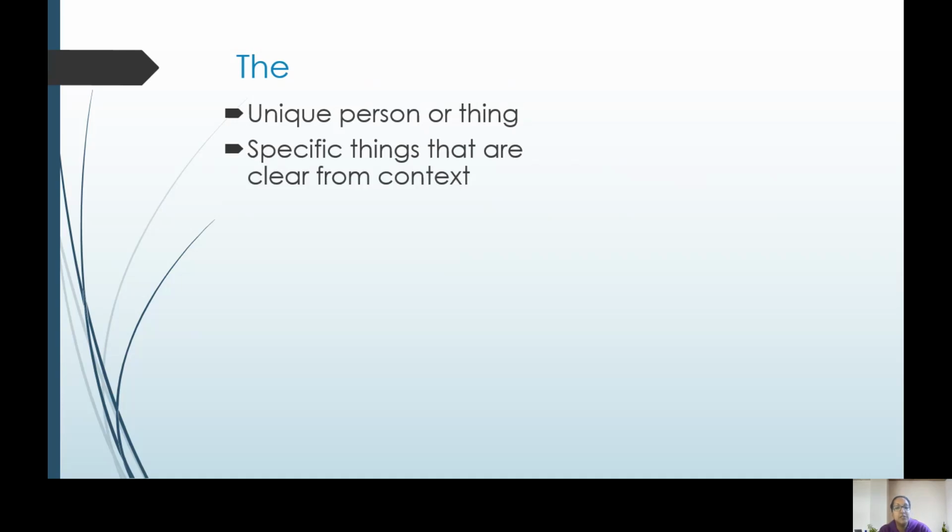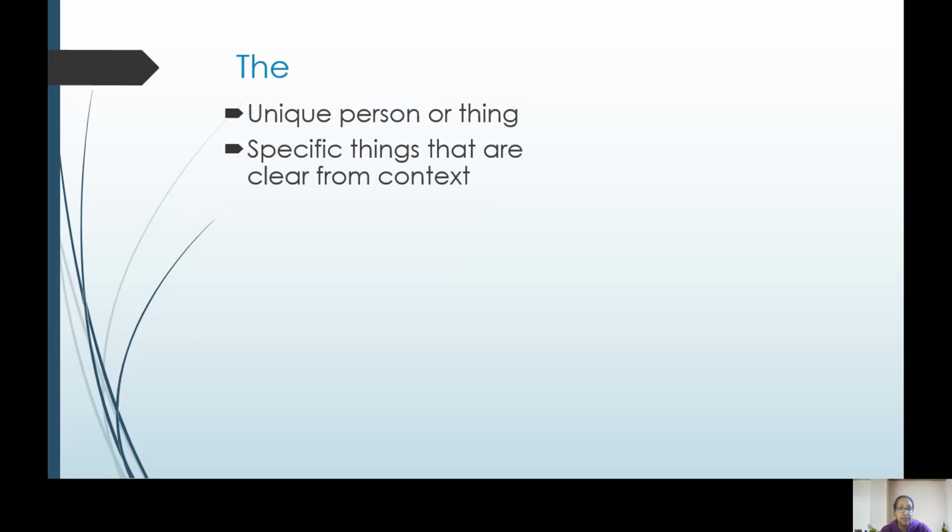Let's talk about "the". We use "the" to talk about a unique person or thing. For example, the sun. There is only one sun. The Queen, if we're talking about the Queen of England, there is only one of her. We use it to talk about specific things that are clear from the context.